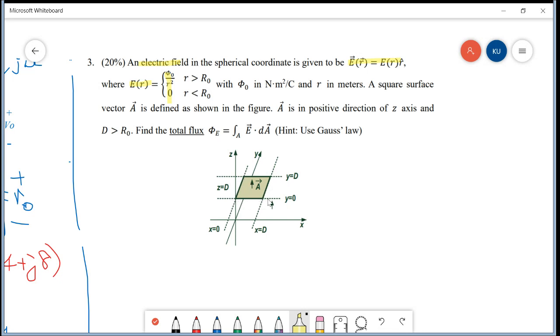Each side is of length d, and it lies in the xy plane where z is equal to d.